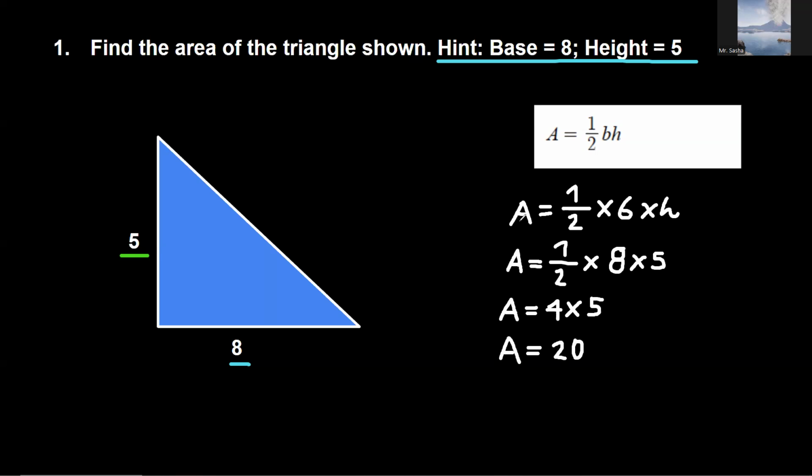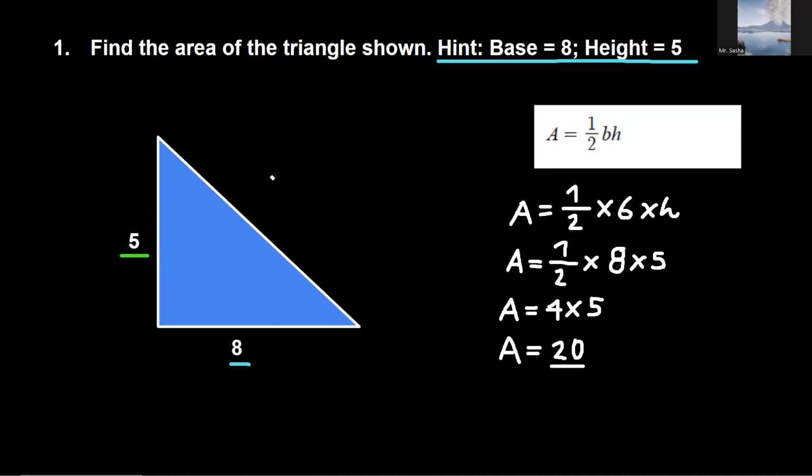So remember, the formula for area of a triangle is area equals to 1/2 times the base times the height. And in fact, in this case, we got the area of 20. So the area is equal to 20.